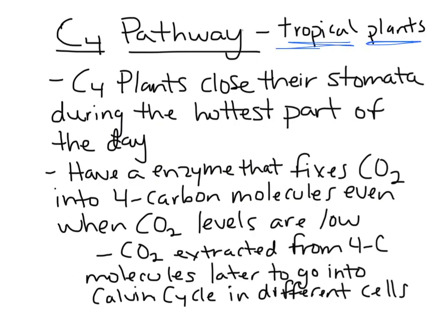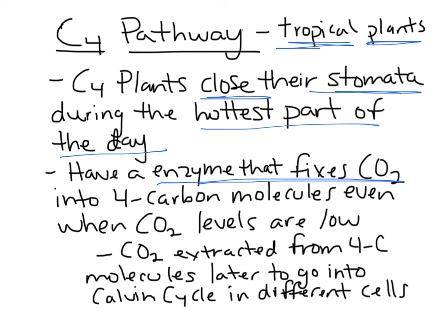We find these in tropical plants. These close their stomata during the hottest part of the day, and this is to keep the water in. And they have an enzyme that fixes CO2 into a 4-carbon molecule even when CO2 levels are low. Because when we close the stomata because of the heat, the CO2 is not able to get into the plant as well.